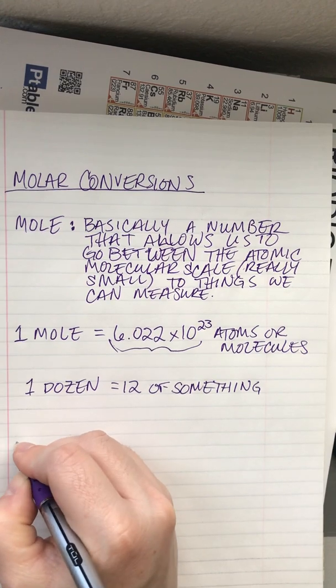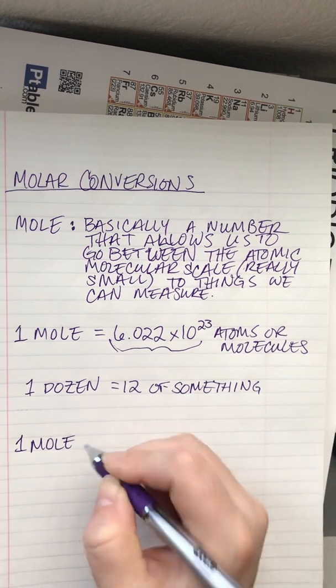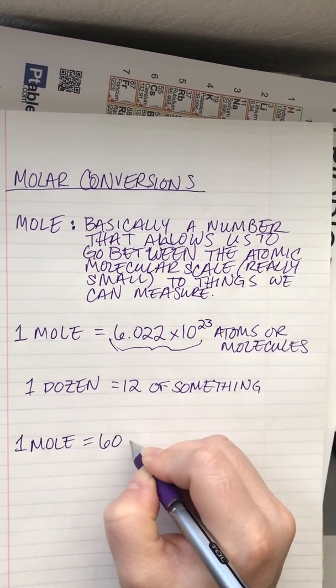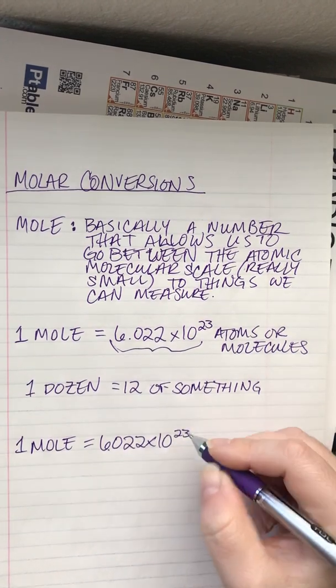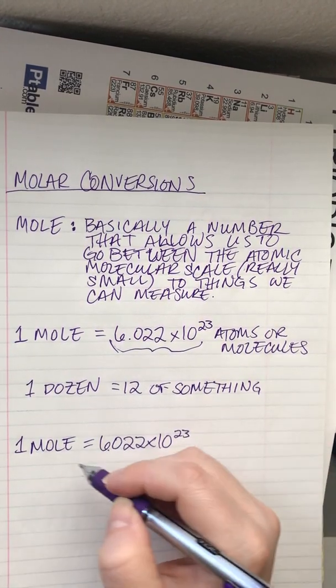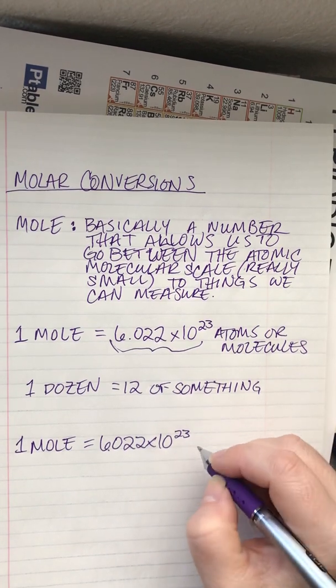But just so you guys know, the number that the mole is based on: 1 mole is equal to 6.022 times 10 to the 23rd.